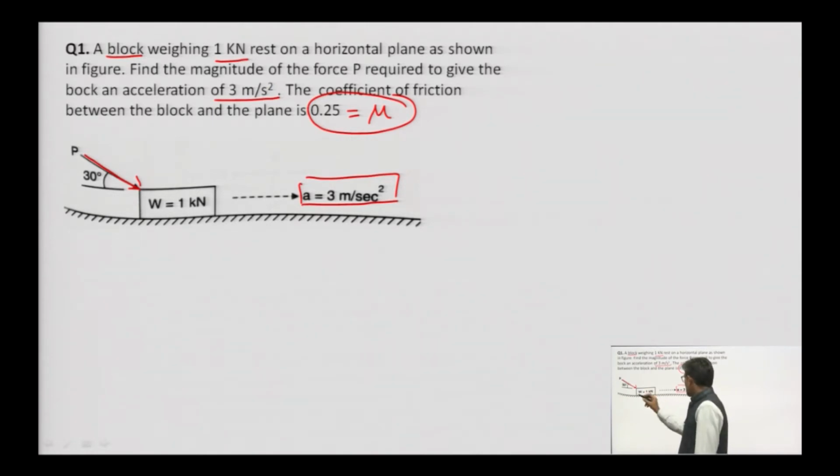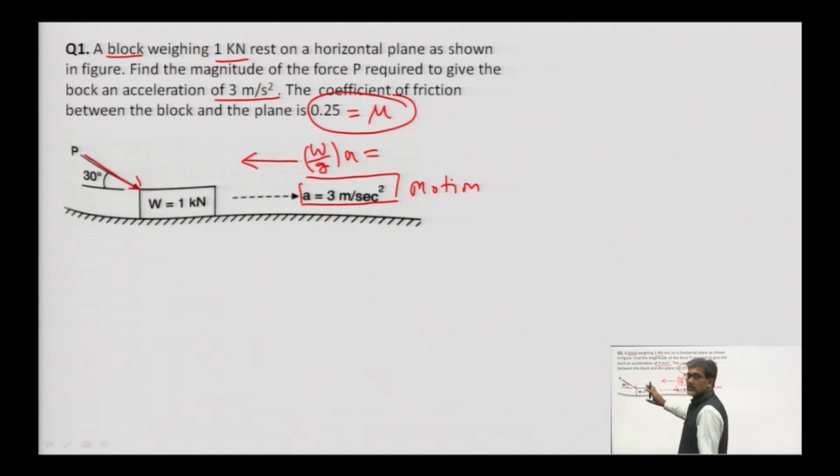So, the inertia force will act horizontally, in opposite to this motion. Direction of motion is this, so we will apply inertia force in this direction. So, m is W by g, where W is 1 kilonewton. So, W divided by g, multiplied by a, will be the inertia force.